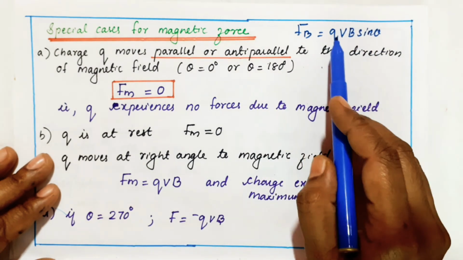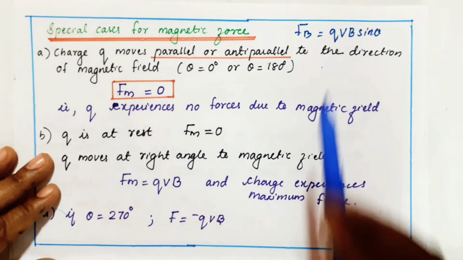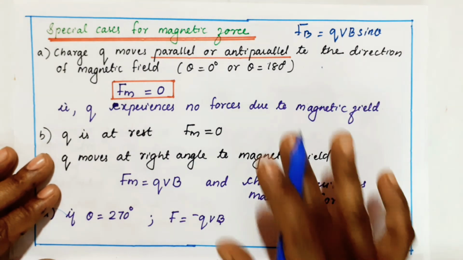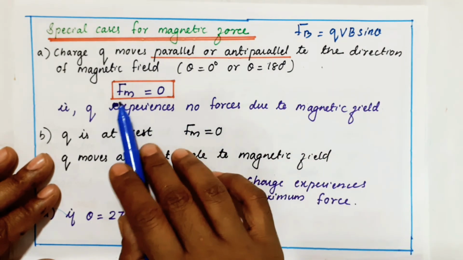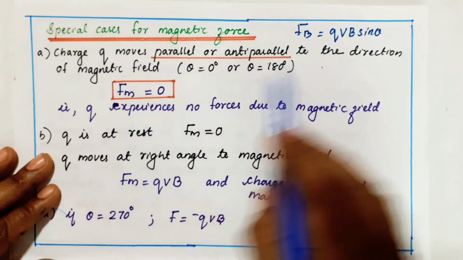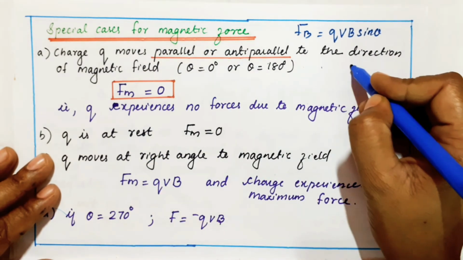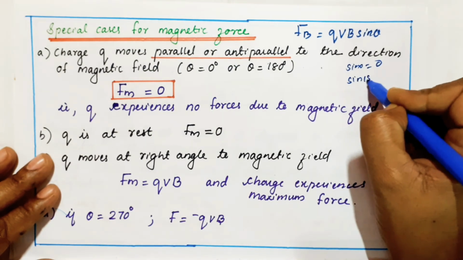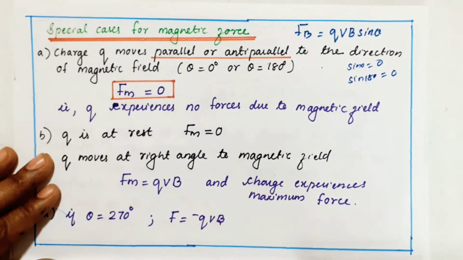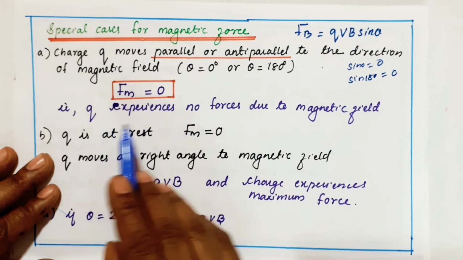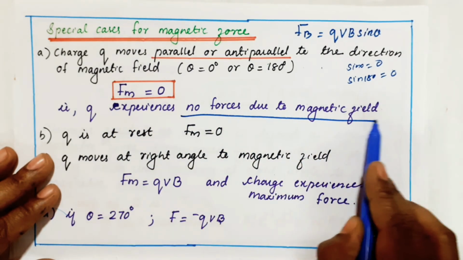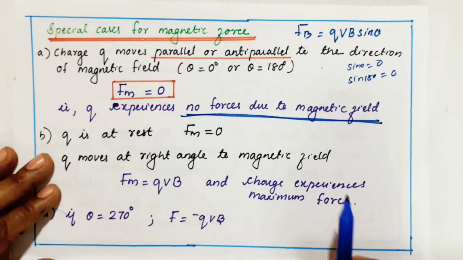If theta value is 0 or 180 degree, the meaning is the charged particle is moving in the direction of the field or opposite to the direction of the field, your force will become 0 because sin 0 is 0, sin 180 also 0. So your magnetic force is 0. So I can write the charged particle experiences no force due to magnetic field.